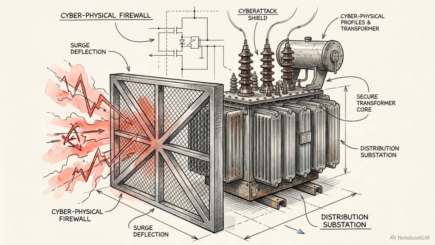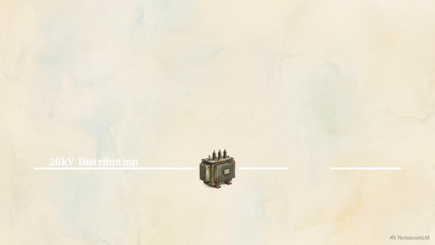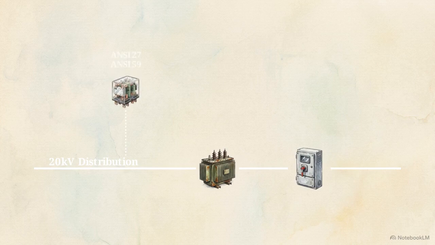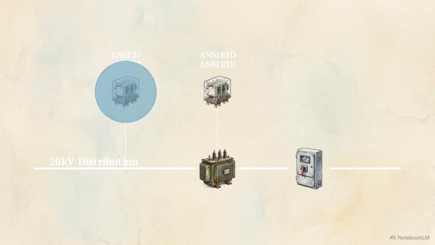The PCC functions as a high-speed protective firewall, enforcing the grid code's logic at the millisecond level. A properly engineered interconnection begins with the 20 kilovolt distribution line, a step-up transformer, and a main circuit breaker. To prevent the voltage rise issues we calculated earlier, we install ANSI relays 27 and 59 to monitor for under and over voltage conditions.